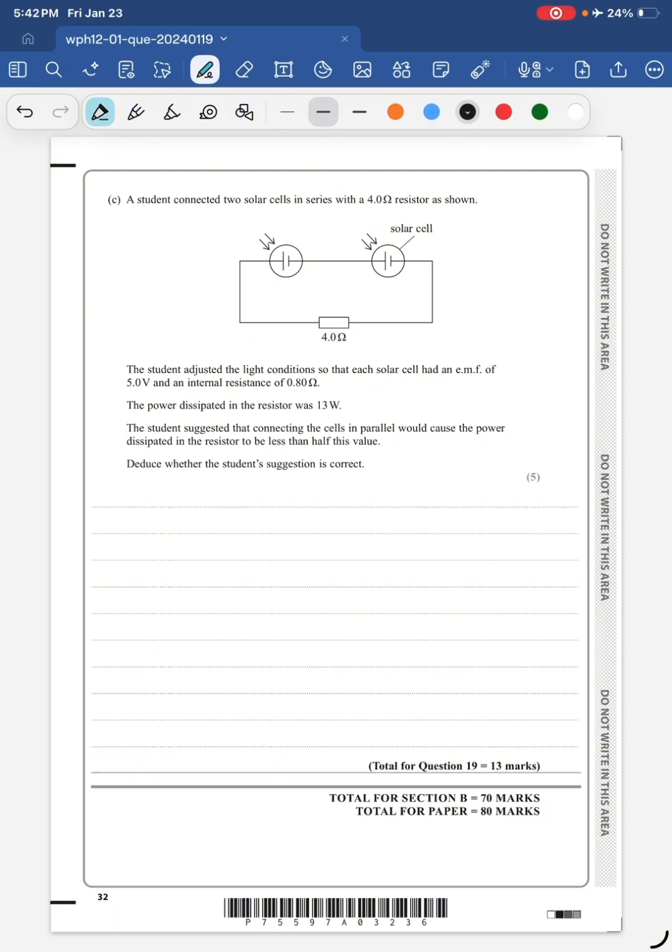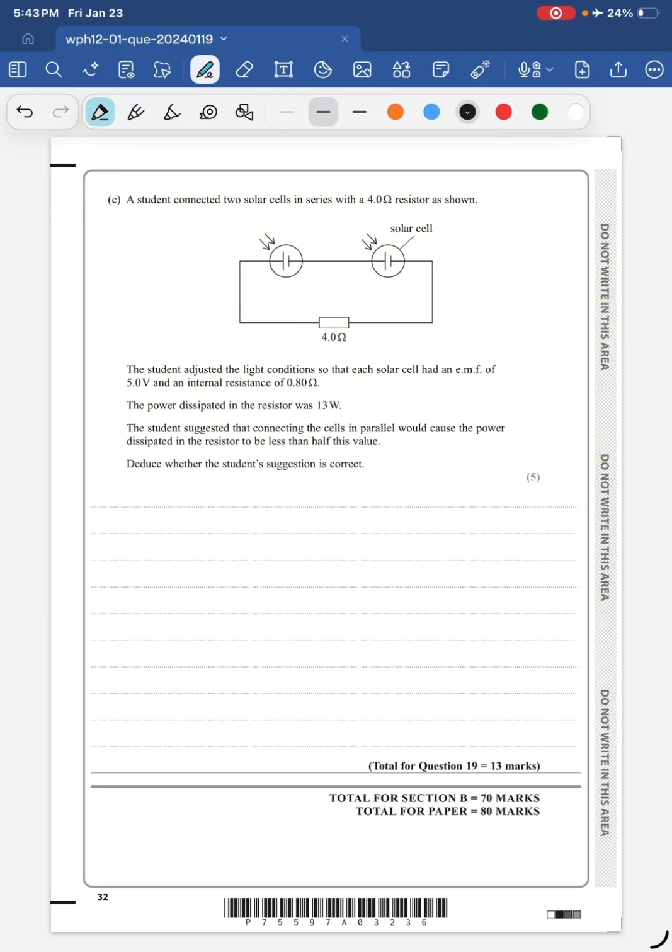The student adjusted the light conditions so that each solar cell had an EMF of 5 volts and an internal resistance of 0.8 ohms. The power dissipated in the resistor was 13 watts. The student suggested that connecting the cells in parallel would cause the power dissipated in the resistor to be less than half this value. Deduce whether the student's suggestion is correct.